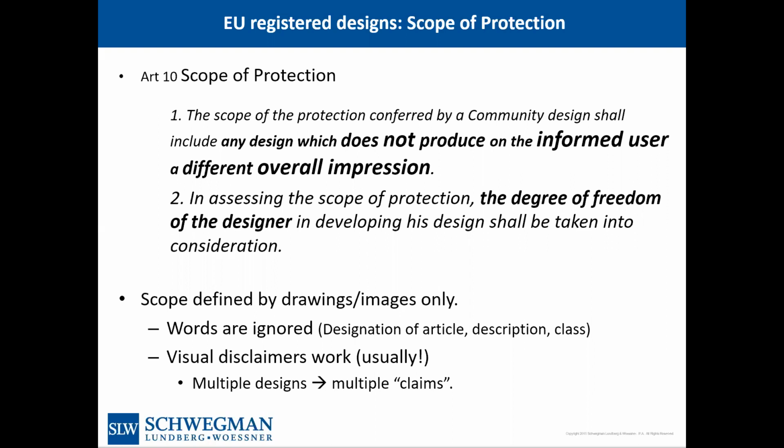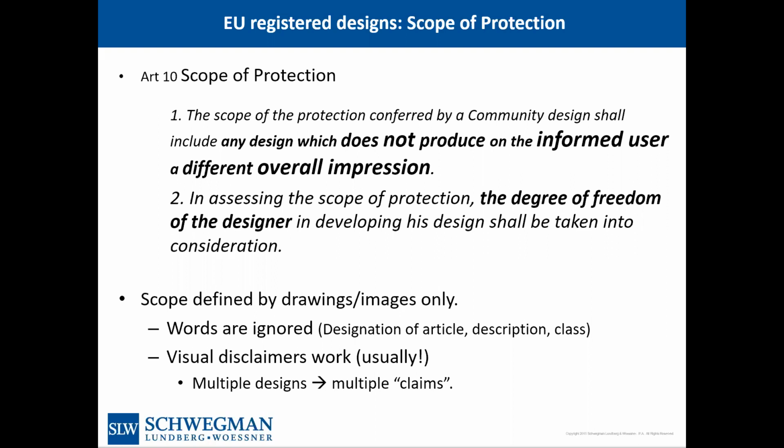So it's quite a vague and moving target, and a difficult thing to get your head around, but that's how it is. Importantly, for EU registered designs, the scope of protection is communicated and defined purely by reference to the views, the images.